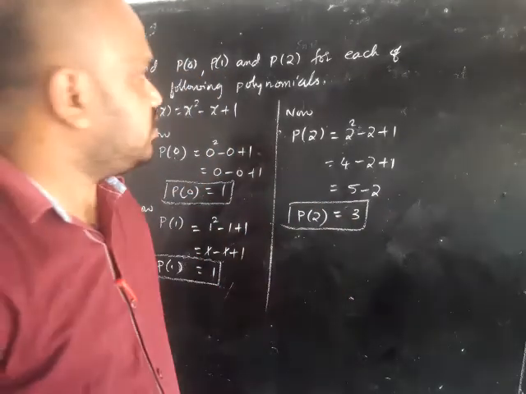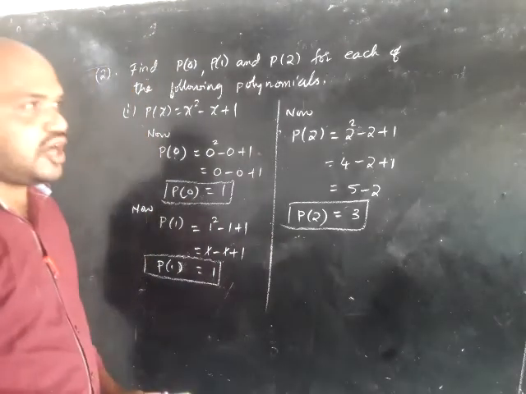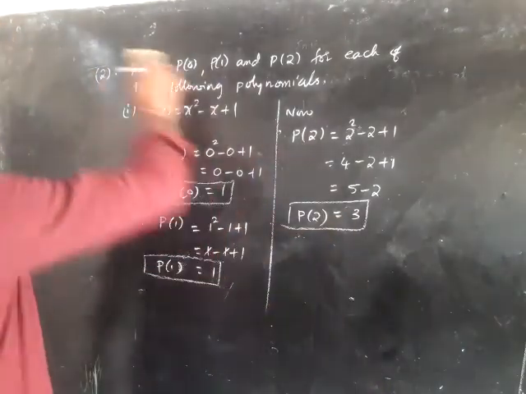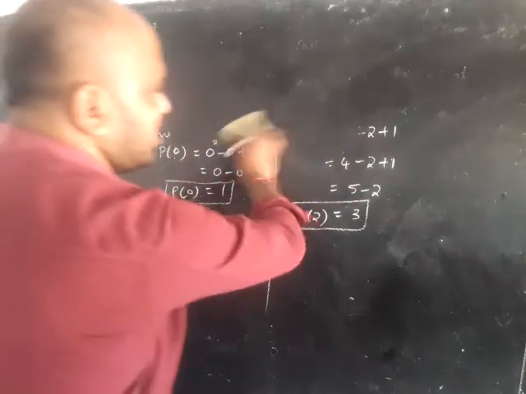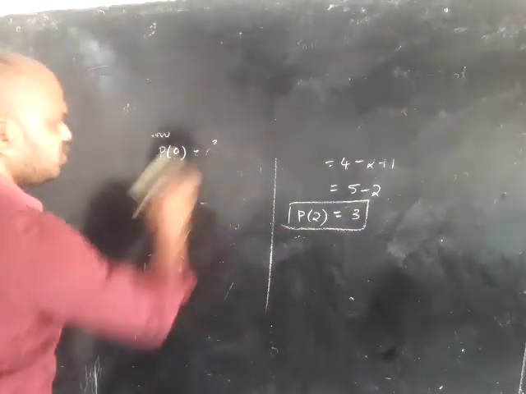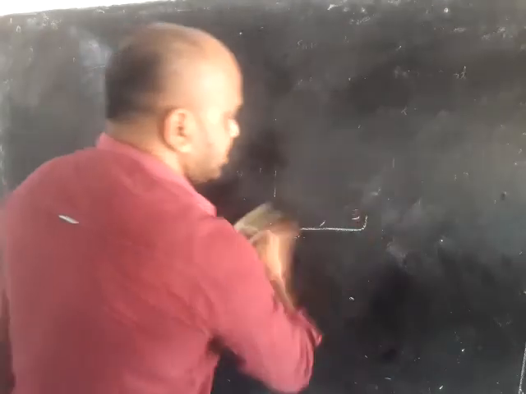Okay, and what is there here? Now the third bit we are going to discuss about the 0 of the polynomial actually. Till now we did about the value of the polynomial. Now 0 of the polynomial.